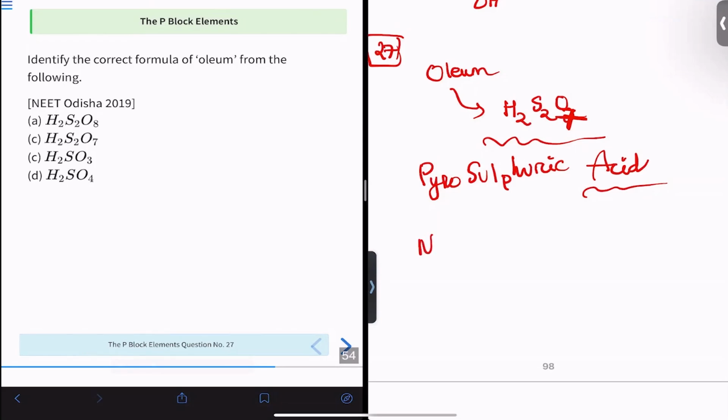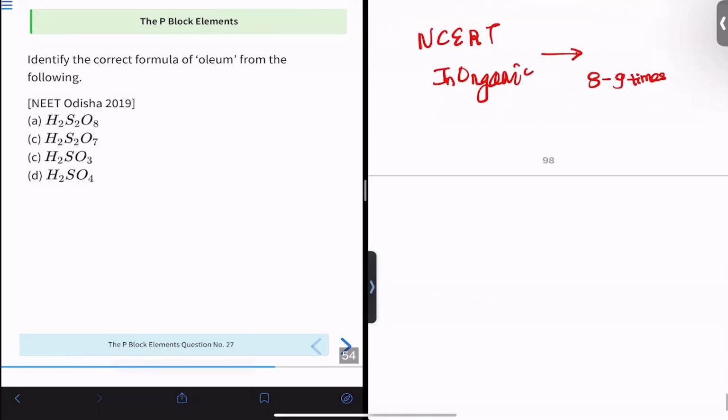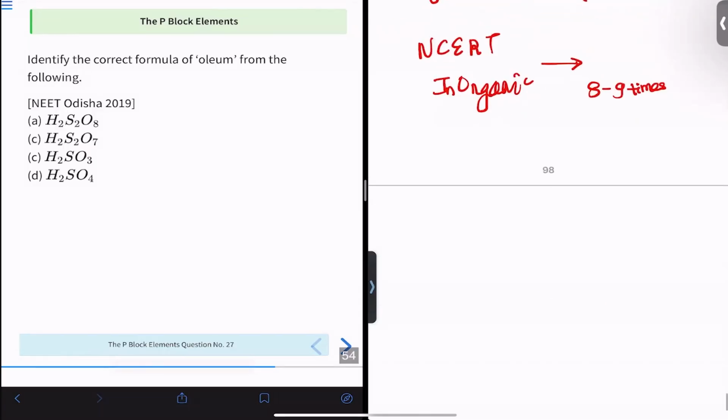I'm telling you again, NCERT inorganic. You have to read it at least 8 to 9 times. Along with that, please make short notes of the exceptions, because you'll find plenty of exceptions in P block.